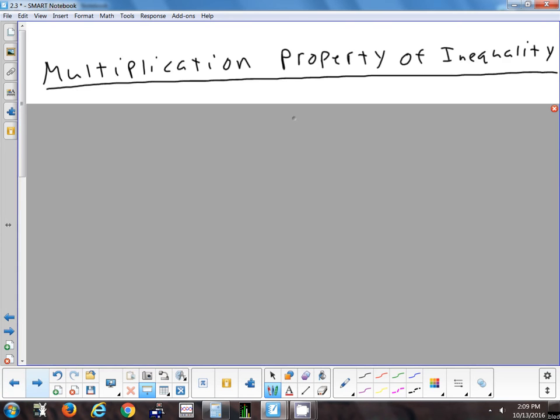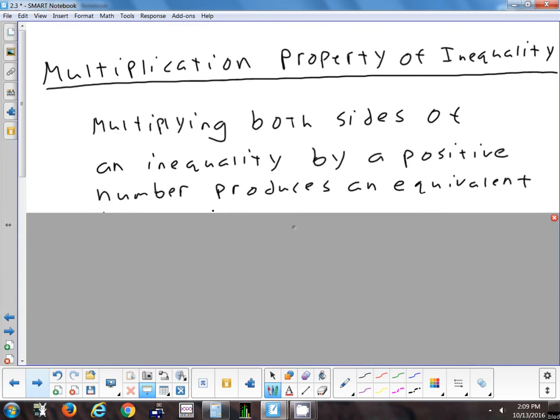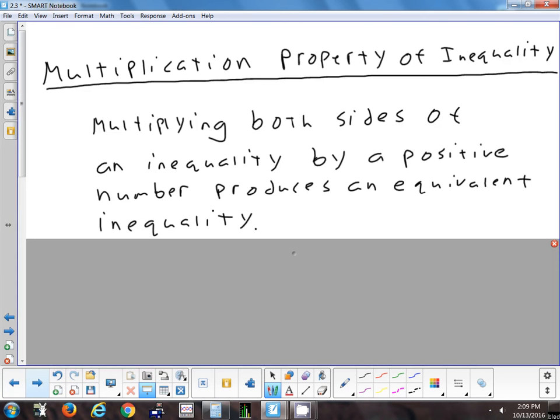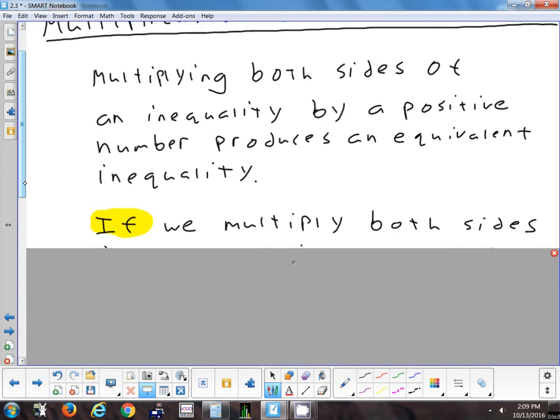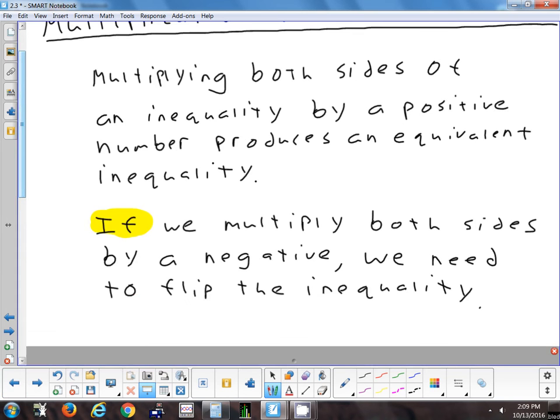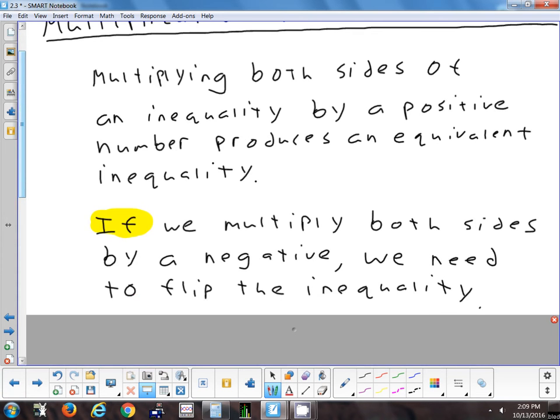So let's start with multiplication. The first part you should already have printed on your paper. If you multiply both sides of an inequality by a positive number, you get something that's equivalent. You get something that works. Okay, so that's fine. But here's the part you need to write down. If you multiply both sides by a negative, you have to remember to do something extra.